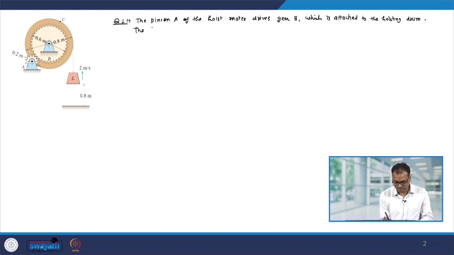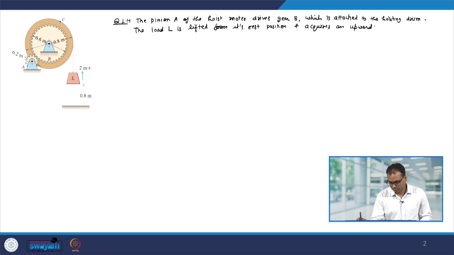The load L is lifted from its rest position and acquires an upward velocity of 2 meter per second in a vertical rise of 0.8 meter with constant acceleration.